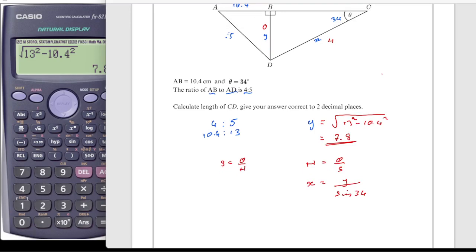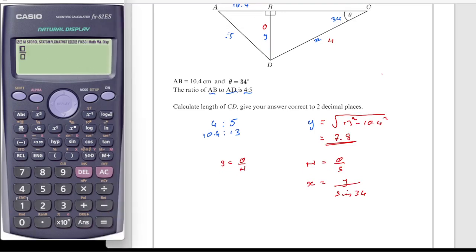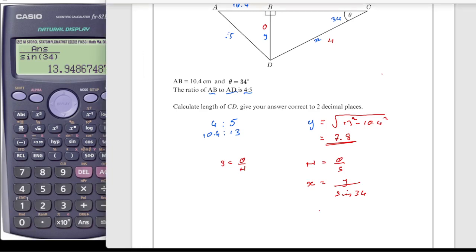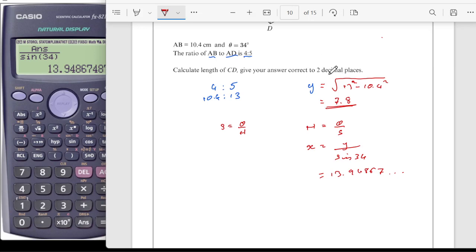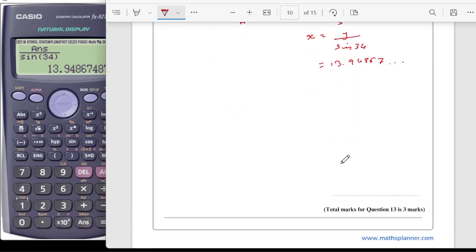I'm going to go to my calculator, I've already got Y in there, so the answer that I just worked out divided by the sine of 34 gives me 13.94867, dot, dot, dot for now. And then it asks for it to 2 decimal places. So my answer to 2 decimal places is going to be 13.94.